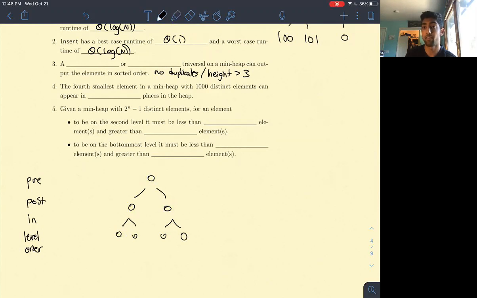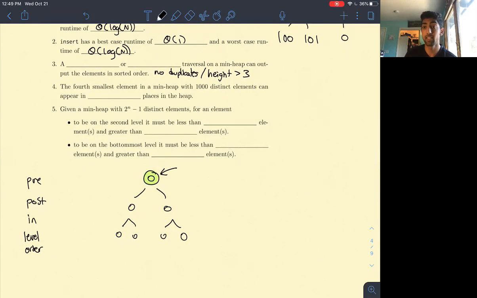What I want to emphasize for this problem is that if the elements are outputted in sorted order, the first thing that needs to be outputted in the heap is this topmost element right here. The reason for that is the topmost element in any heap that doesn't have duplicates must be the smallest element in that data structure. It's the smallest element that exists. So to output things in sorted order, this element must be outputted first.